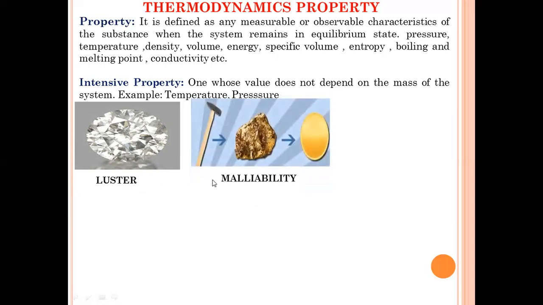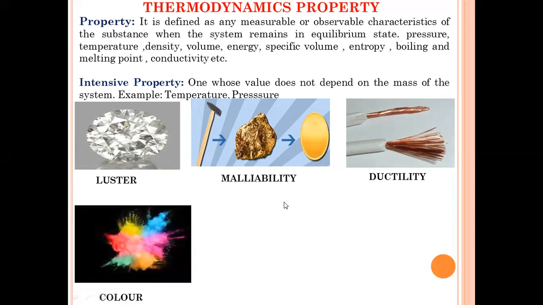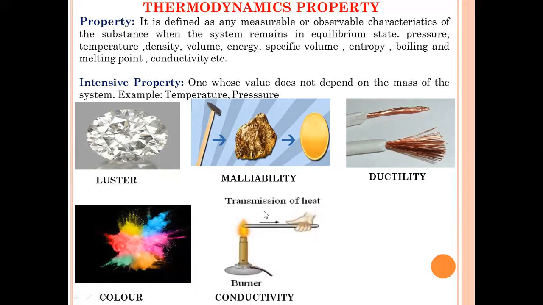Another property is malleability. The property of a material to be drawn into a sheet does not depend upon the mass. Ductility: the property of a material to be drawn into a wire is called ductility. Again, this does not depend upon the mass. Color does not depend upon the mass.